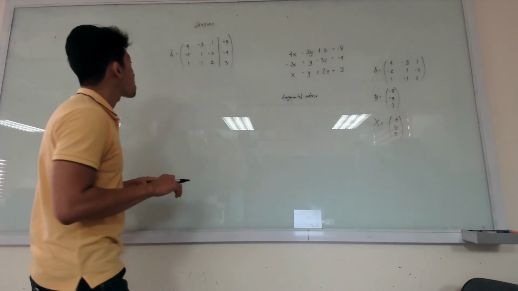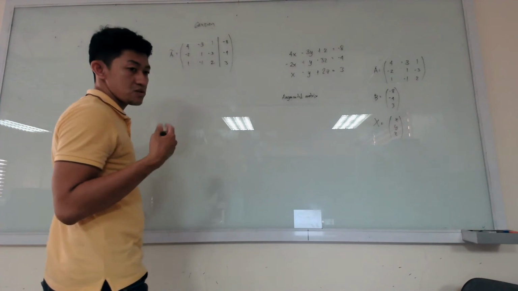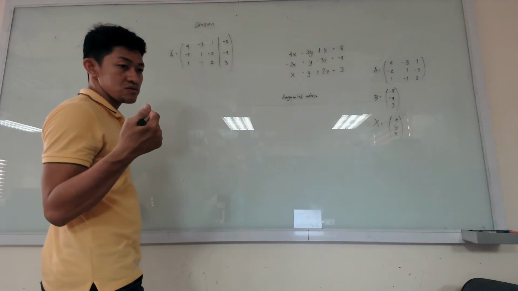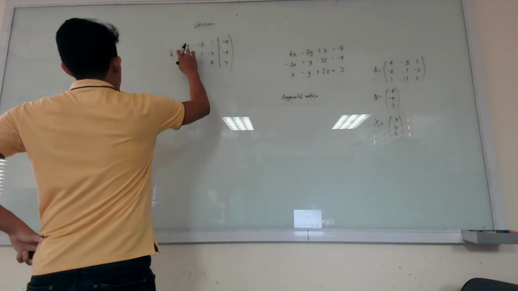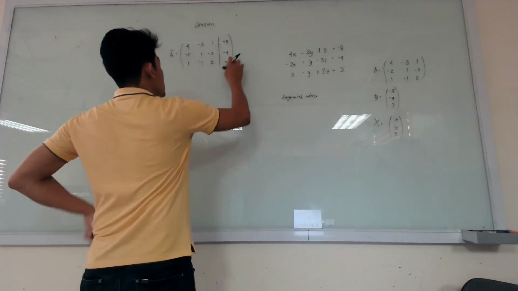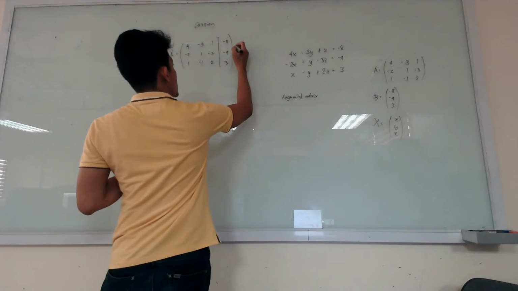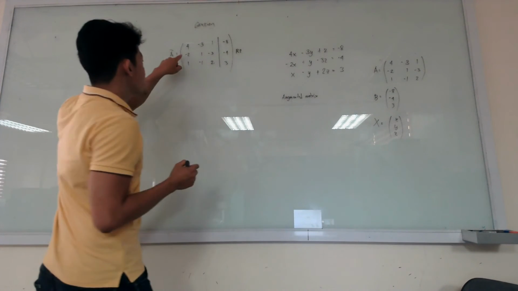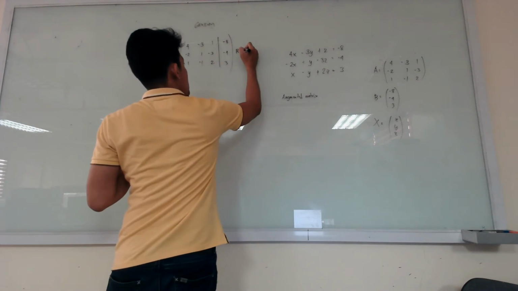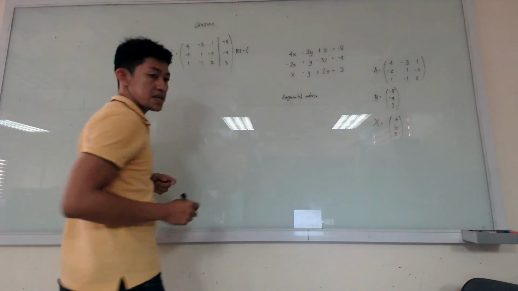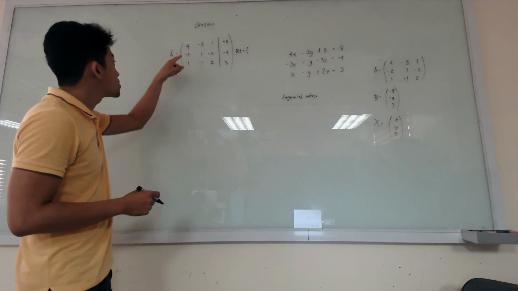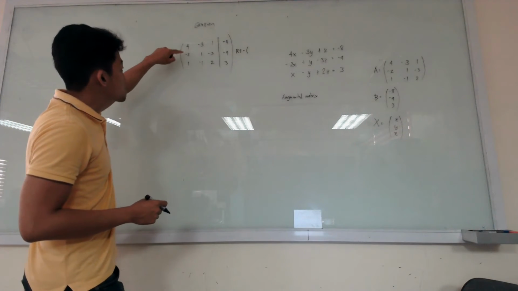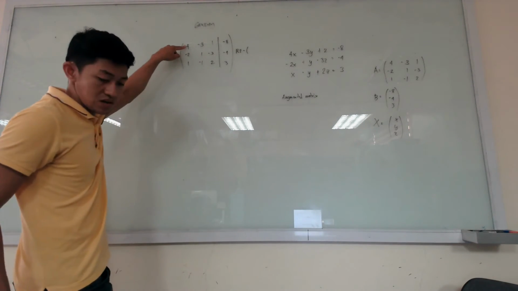For row 2, you subtract something that will make it 0 based on your pivot row.